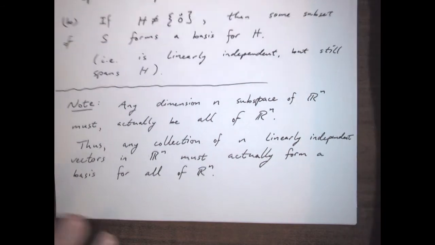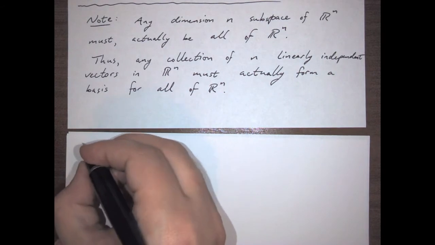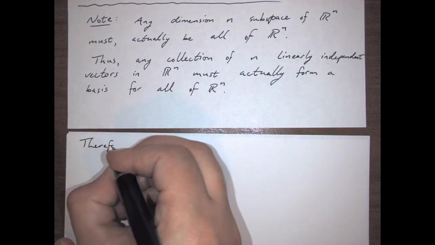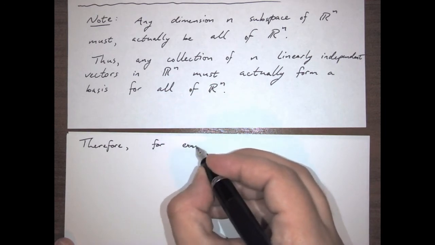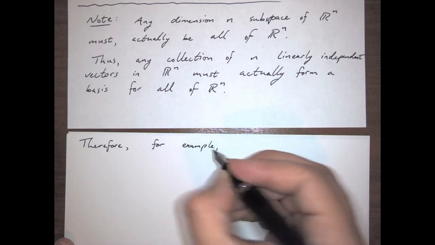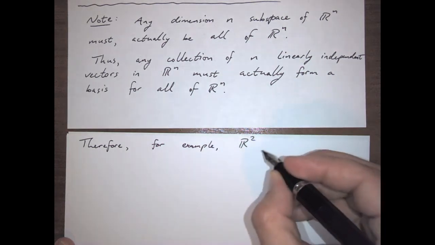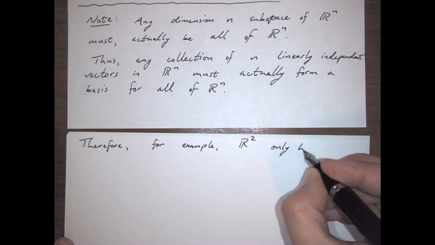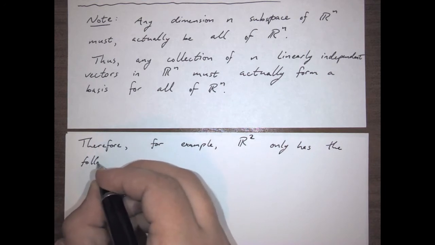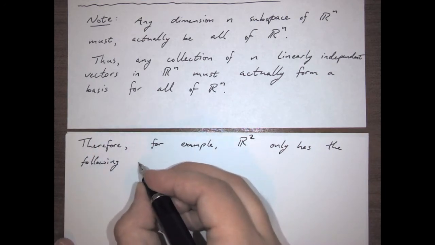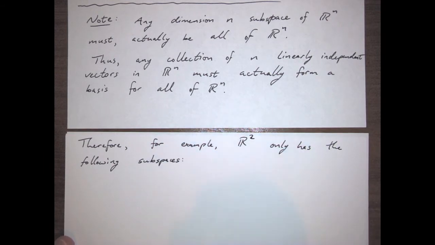So, for example, R2 only has the following subspaces.